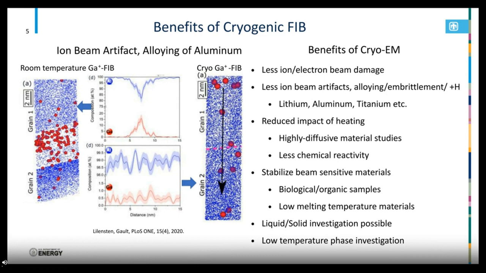On the left part of the figure, you can see that gallium has implanted itself between these two grains. On the right side of the figure, the gallium has not preferentially embedded itself within the grain boundary. So it's very useful for those kinds of studies.